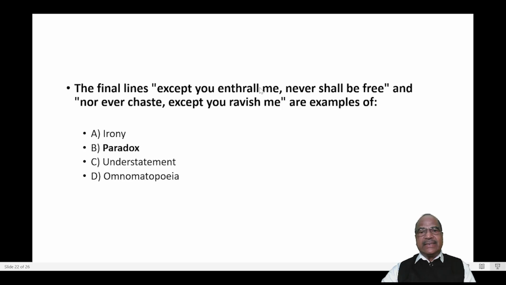If one is imprisoned, he will never be free. But he says that if you imprison me, I shall be free. Then, nor ever chaste, except you ravish me. Please note that if one is ravished, or forcefully sexually intercoursed, he will not be chaste. But here he says that he will be chaste. So it is also a paradox.